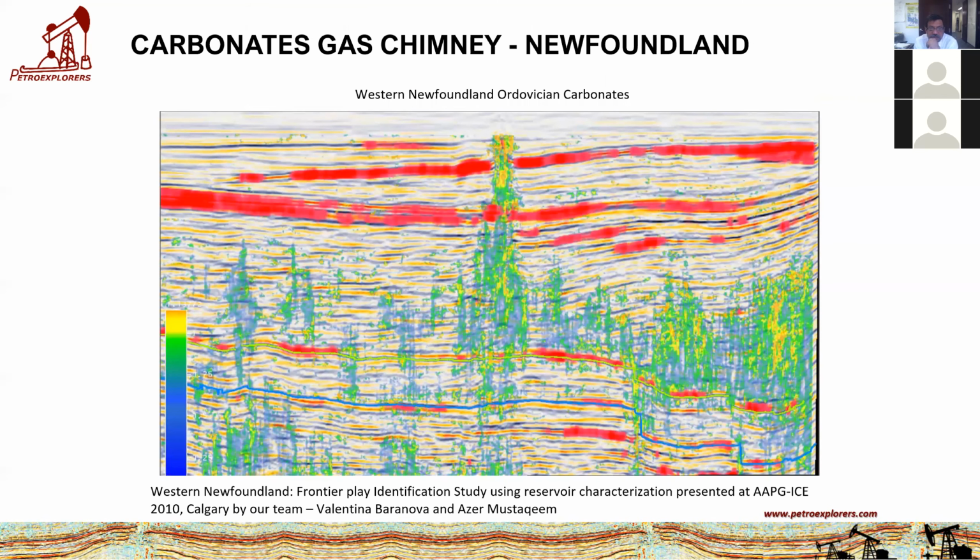The work we did on the East Coast was over Western Newfoundland. We could see clearly a chimney effect going through the various carbonate Devonian on the top and coming down to the carbonate platform, which we're analyzing. It would increase the risk of leakage, while it could have the cloud effect.